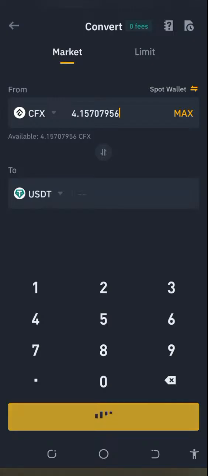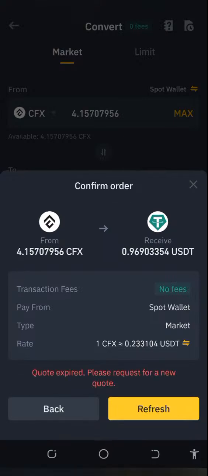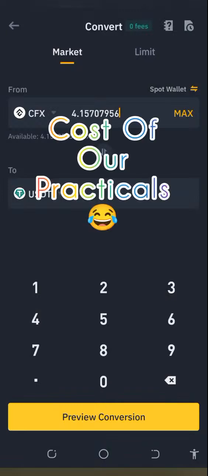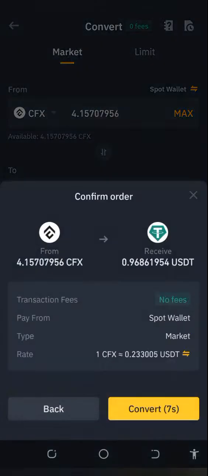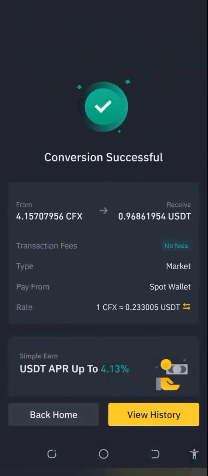Let's see how much we get. I was too much in a hurry to get that back. Oh, we lost 4 cents. Is it 4 cents? About 3 cents thereabouts. Anyways, that's just it. Let's just take it as the cost of our practicals, right? We got to learn some things. I mean, this happens. We have to learn it.